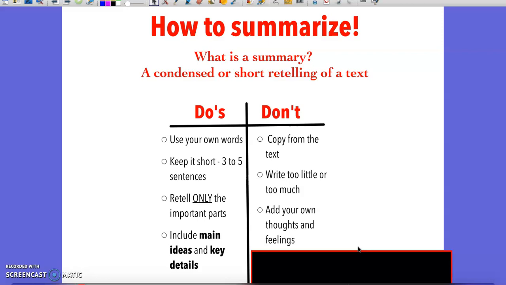So let's go ahead and summarize Chapter 3 of When a Ghost Talks, Listen from today's Read Aloud. So if you have not listened to that, if you have not answered that Google form, stop. Do not go any further in this video. Go back, do read aloud for Chapter 3, then come back and see how I summarize that chapter.